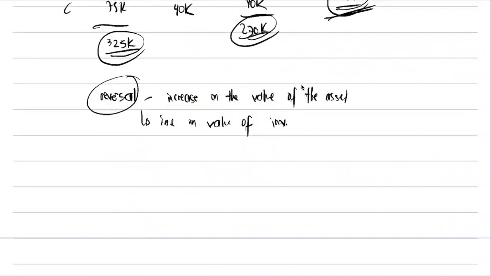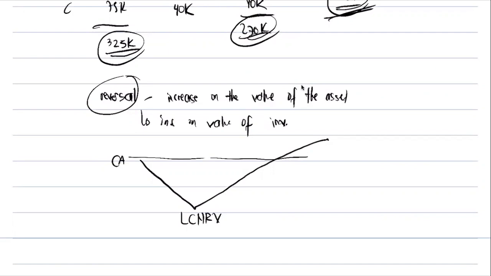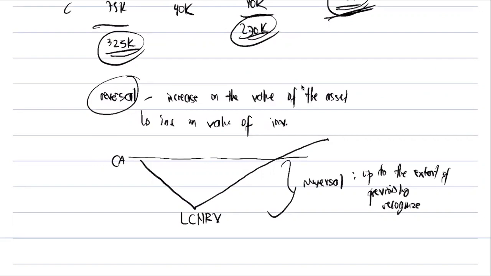But take note, if this is the carrying amount and this is the LCNRV, you can only reverse up to the extent of previously recognized loss on inventory write-down.